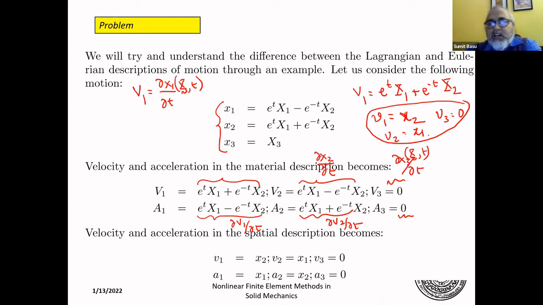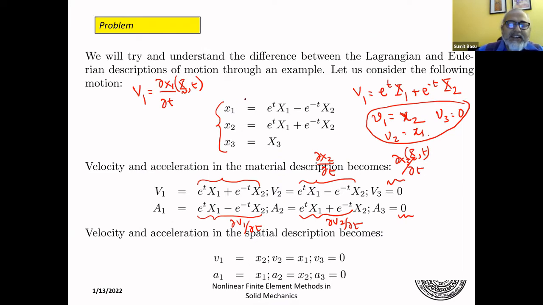Okay. So now what I'm going to do is show you the animation that I've made in MATLAB of this motion. You will see the animation as time passes. So I am increasing this t, and as I increase this t, I am plotting the x1, x2, x3 of the body.